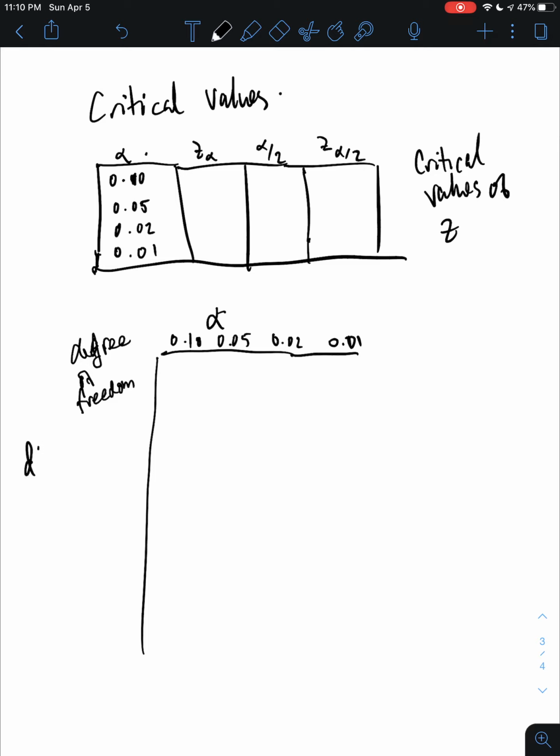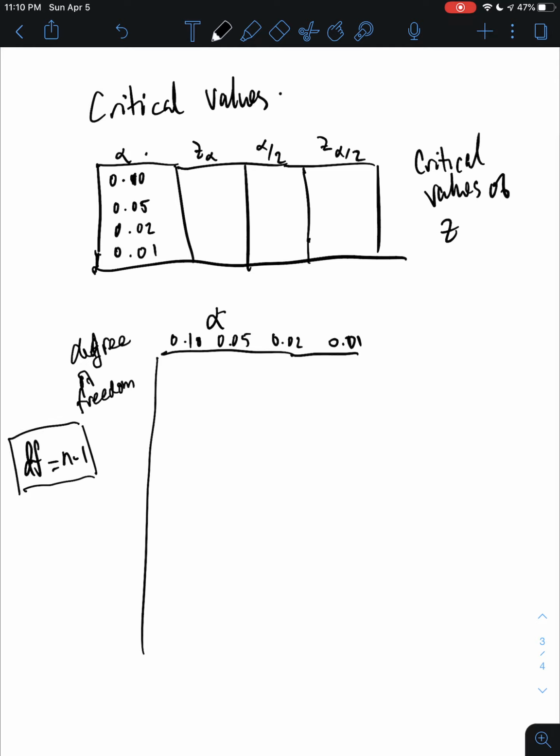Degrees of freedom is just n minus 1 for this case. It's a theoretical concept, and I don't want to go into all the details explaining it. We're going to encounter it one or two more times in this course. In this case, all you need to know is the relationship between n and degrees of freedom.